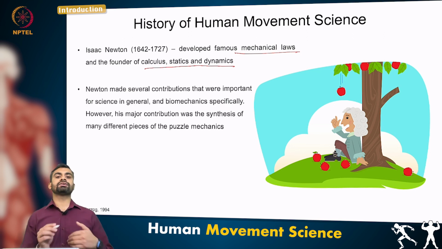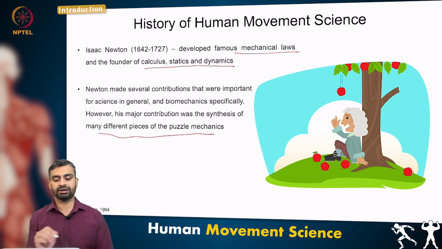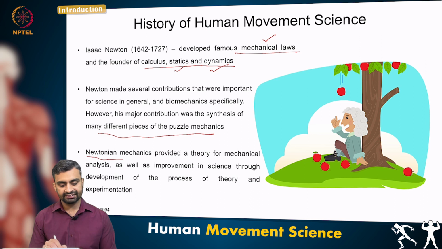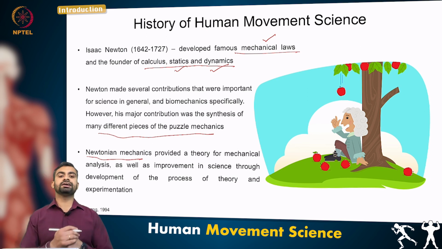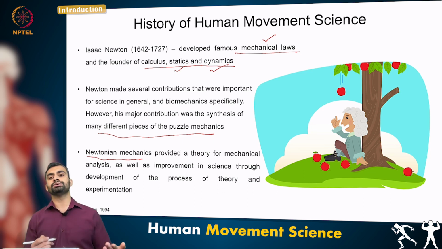He made several contributions important for science in general, but specifically for biomechanics, his major contribution was the synthesis of many different pieces of the puzzle of mechanics, for example statics and dynamics, including the laws of mechanics known as Newtonian mechanics. Newtonian mechanics provided a theory for mechanical analysis as well as improvement in science through the process of theory and experimentation.